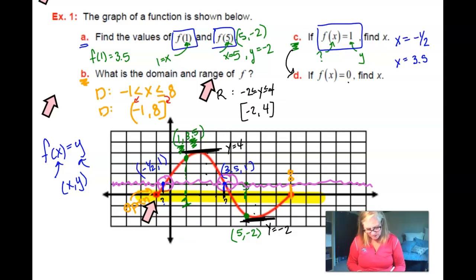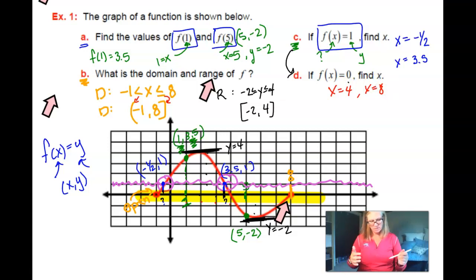You need to notice that, remember, we had this hole right here, so that is not an answer. We only have these two answers right here. It is those two x answers. So we have x equals 4, and we have x equals 8. All right?